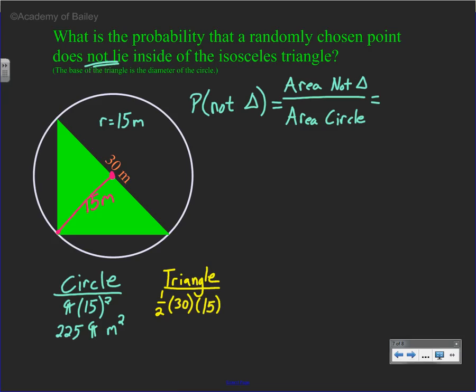So let's go ahead and multiply these. 1/2 of 30 is 15, and we have 15 times 15, which is 225 square meters is the area of the triangle.